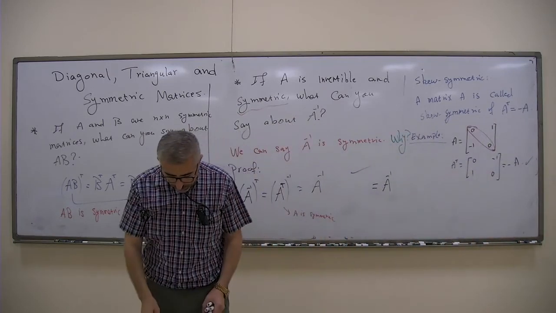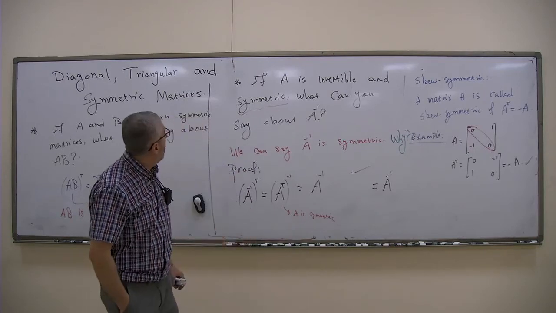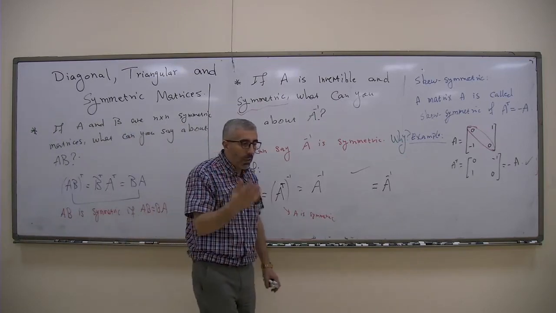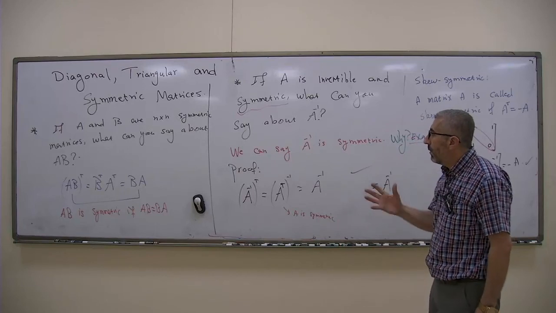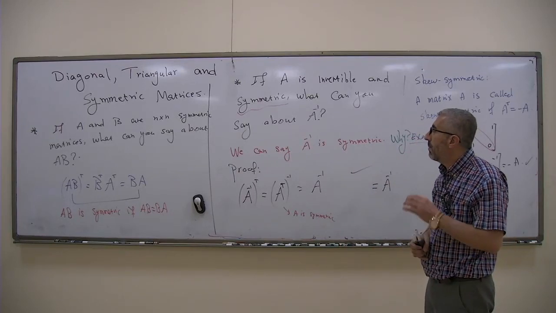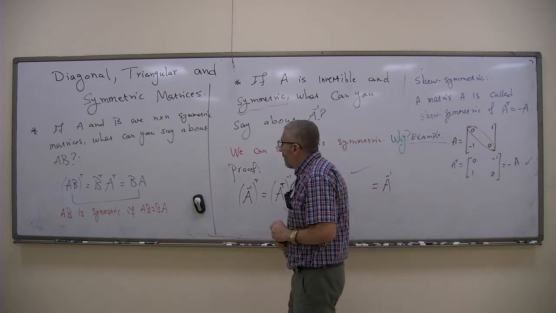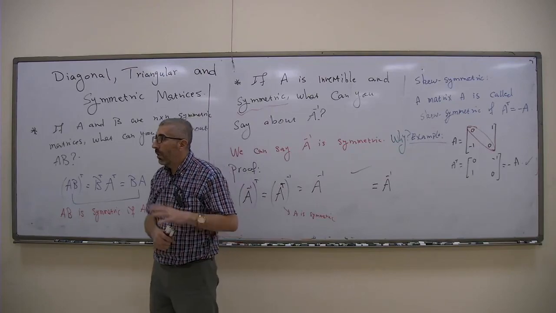Basically, that's all about diagonal, triangular, and symmetric matrices. Later on, we are going to discuss some other properties, but for the time being, what I gave you here about diagonal, triangular, and symmetric matrices is good enough. All right, that is a very short section. Thank you very much, guys, and please do your homework, okay?